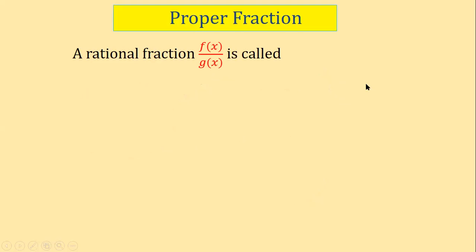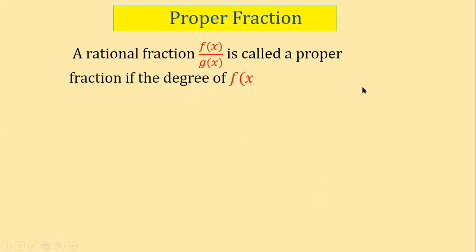So what is a proper fraction? A rational fraction f of x by g of x is called a proper fraction if the degree of f of x is less than the degree of g of x.